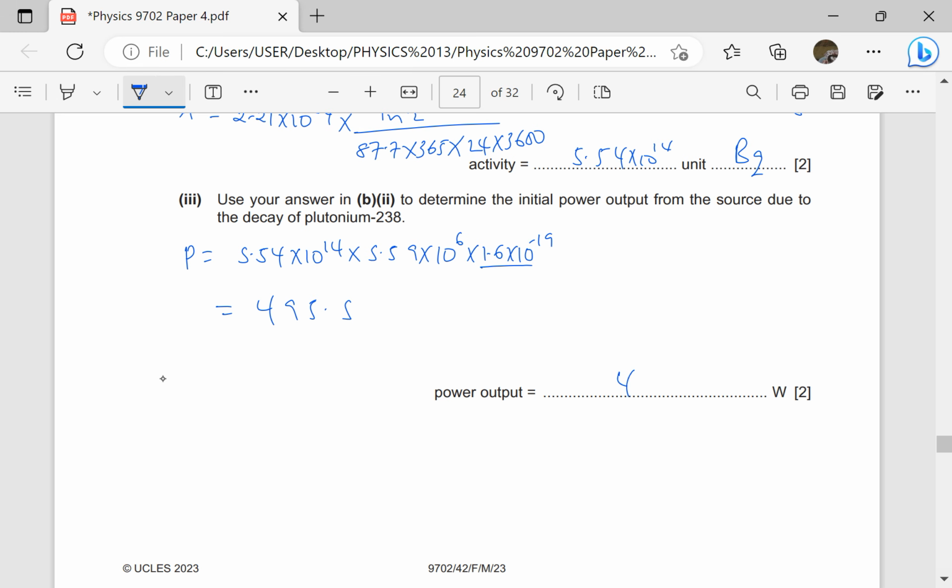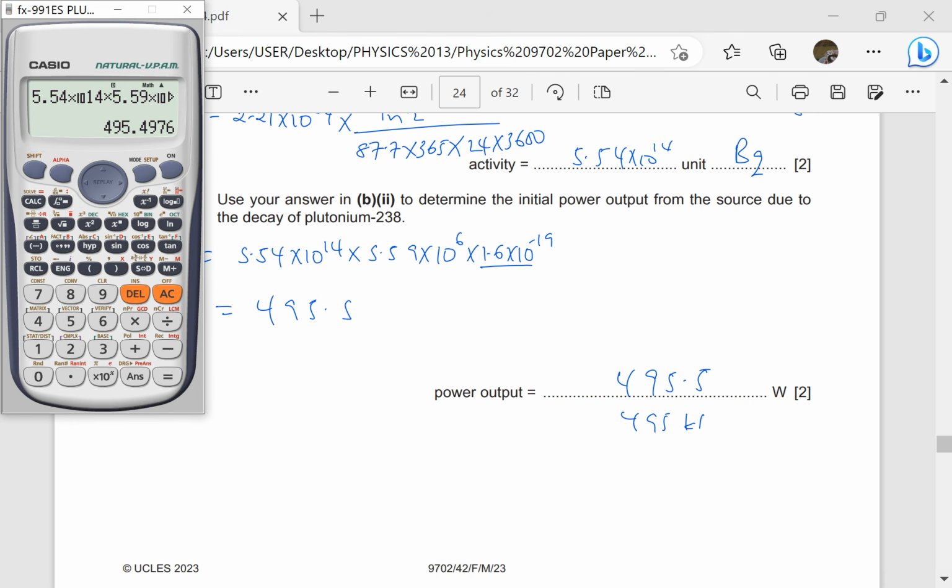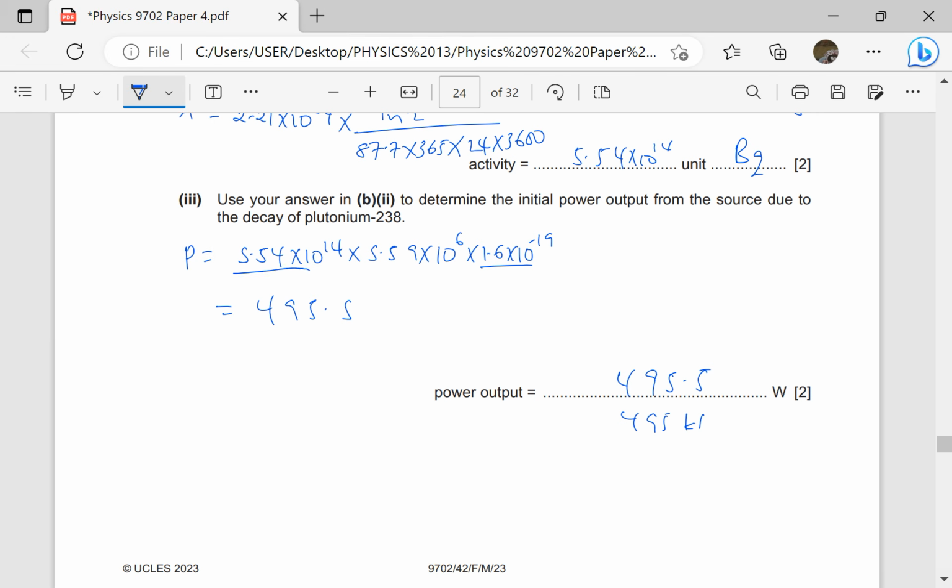So that's 495.5 watts, or 495 watts, because I think this will depend on how much you rounded off here, but approximately 495.5 watts.